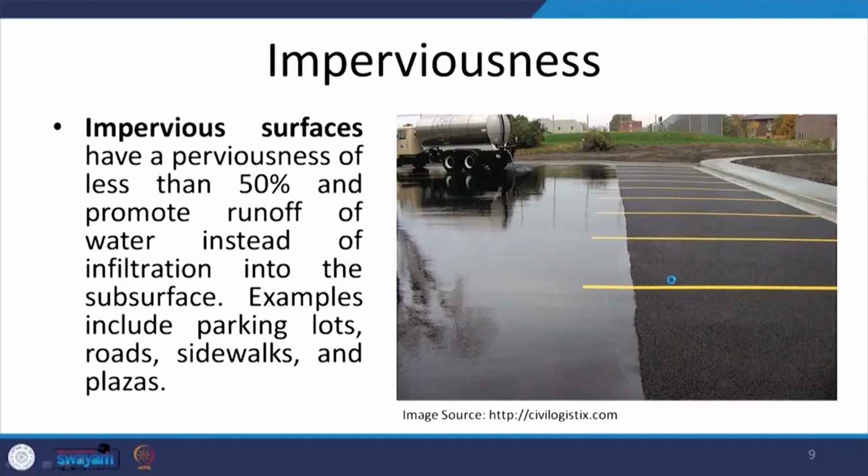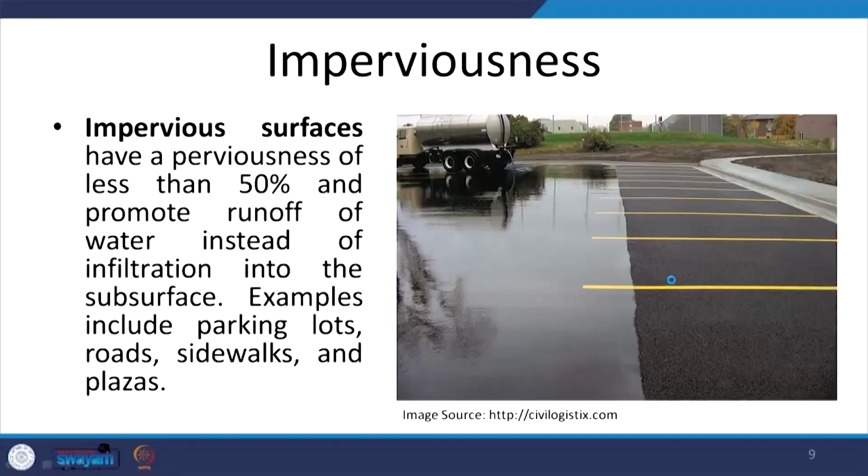So, we are talking about imperviousness. Now, imperviousness, as its literal meaning also indicates, is the capability of a surface to allow water to permeate through it to the lower surfaces. That is what perviousness of a surface would be.